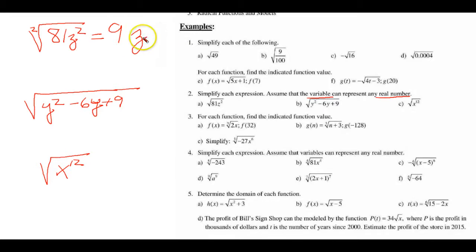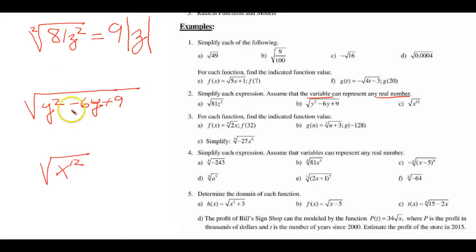So to indicate that, we then put absolute value signs by the z. The 81, we know its principal square root would be a 9. The z we are uncertain of, so we put absolute value.